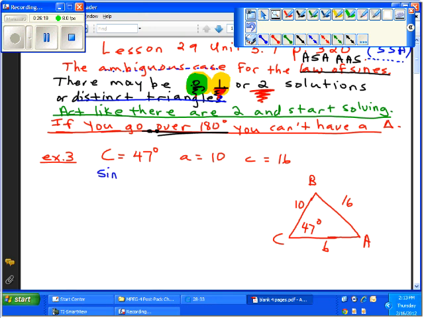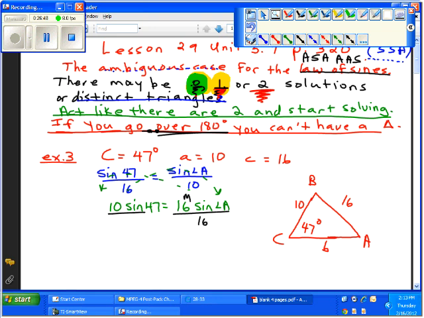So we're going to start out with sine angle C 47 over little c 16 equals sine angle A, which we don't know, over little a 10. We're going to cross multiply. We're going to get 10 sine 47 is equal to 16 sine angle A. We're going to undo multiplication by division.